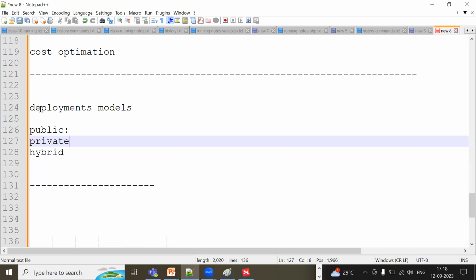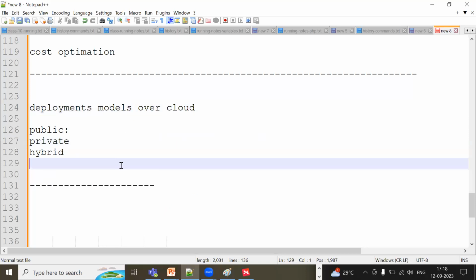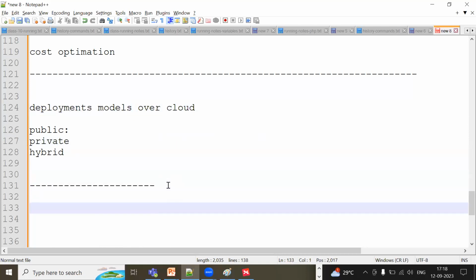This is deployments. Deployment models over cloud, you can see here itself.